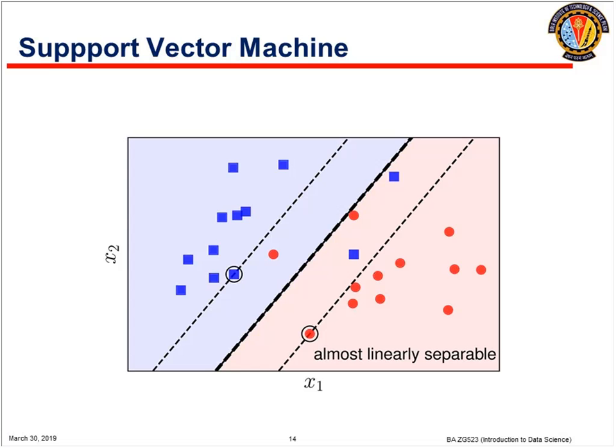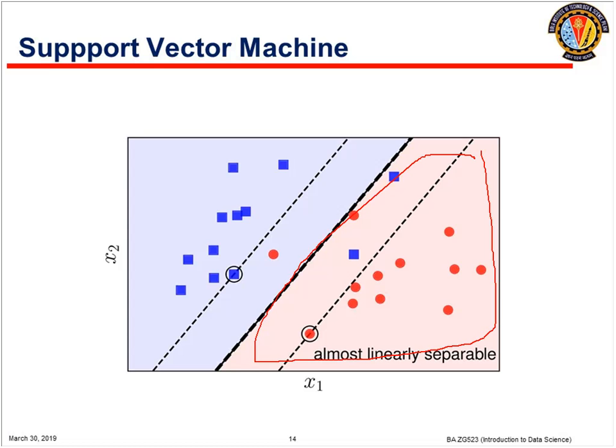Having a big margin, or having found that boundary which maximizes this, will make sure that the probability of examples falling on one side of it, and belonging to that particular class, will be much higher. So if the boundary is properly set and you get a new example, the probability that it will fall into this particular red range will be much higher if it is actually a red circle.